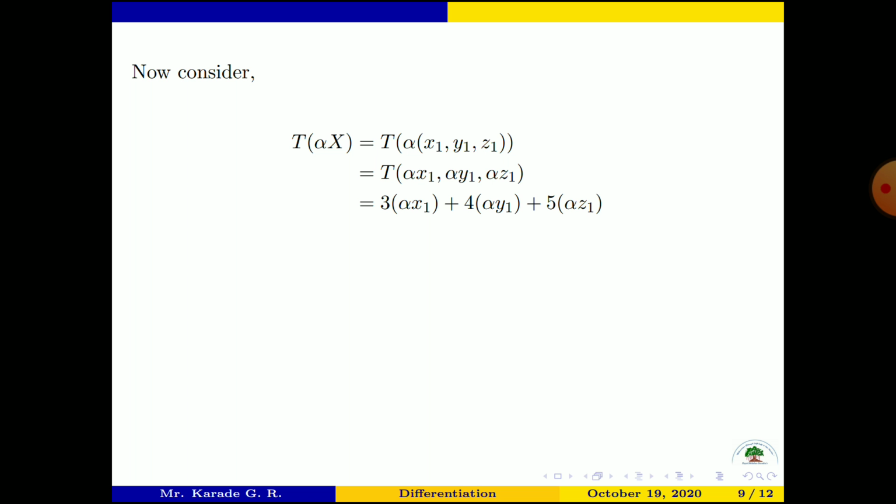Now from these three terms we take alpha common. Inside the bracket we have 3x1 plus 4y1 plus 5z1.